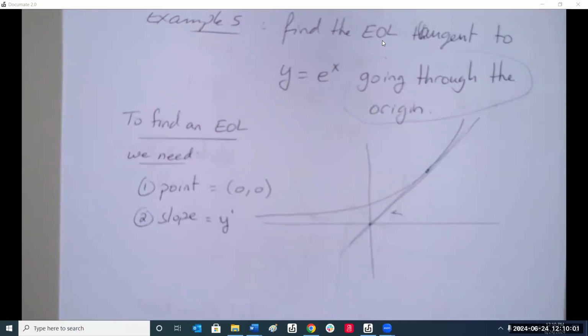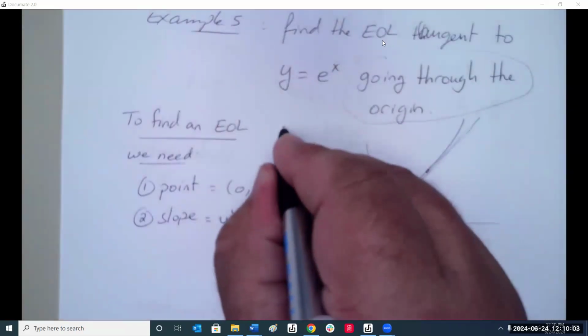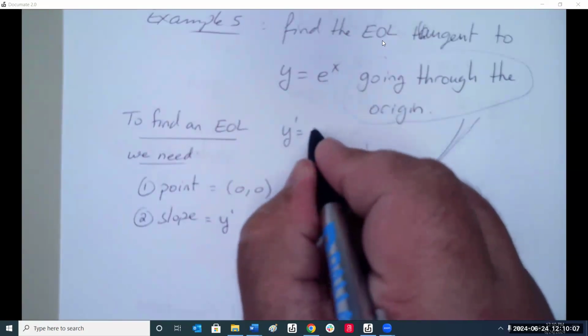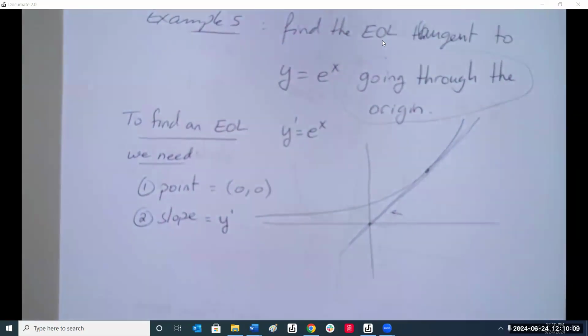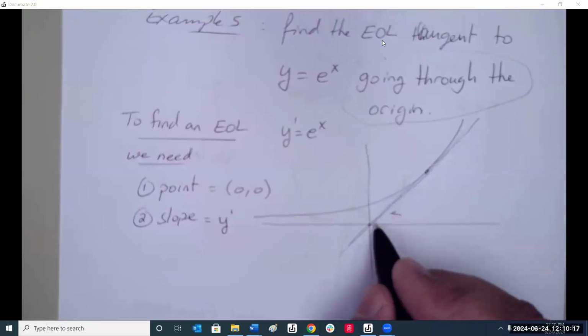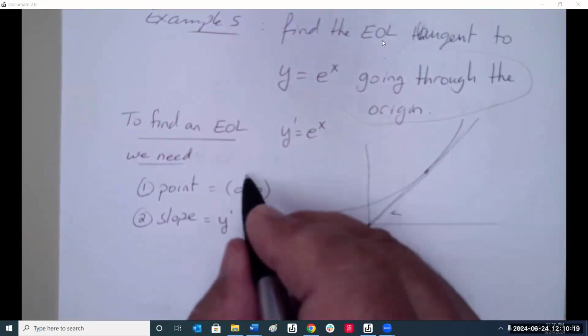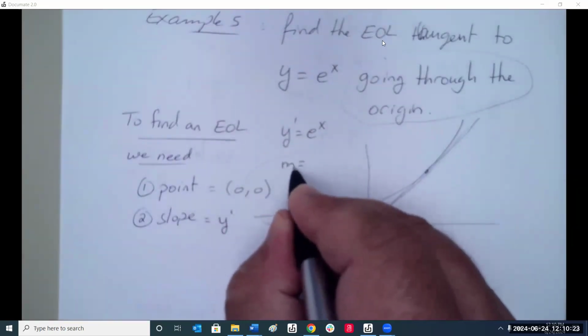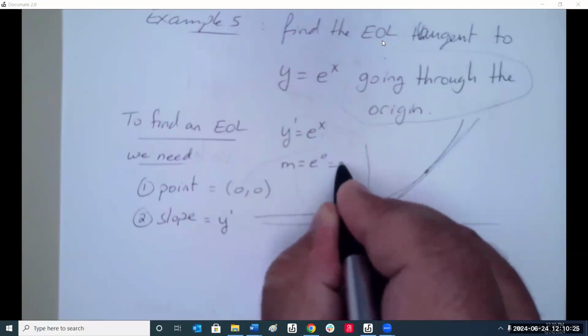The slope is the first derivative. So the first derivative of our function e to the power x is e to the power x. The only point we know is 0, 0. So if we plug in 0 there, our slope is 1.